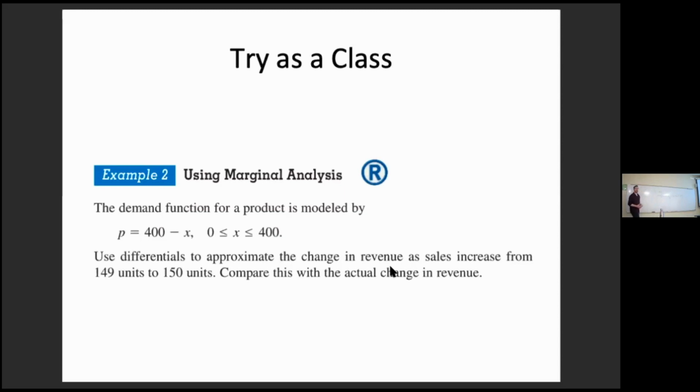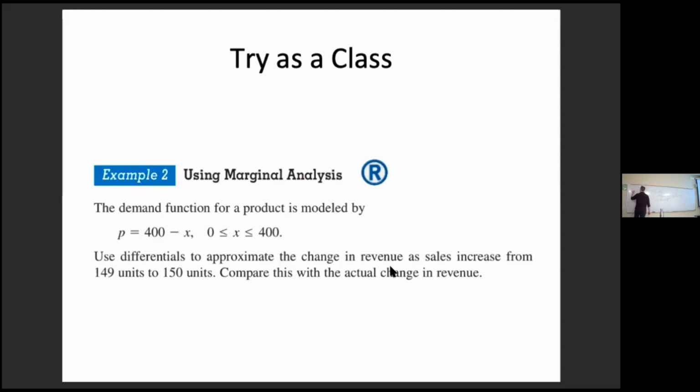Which we then worked out to be 400X minus X squared.